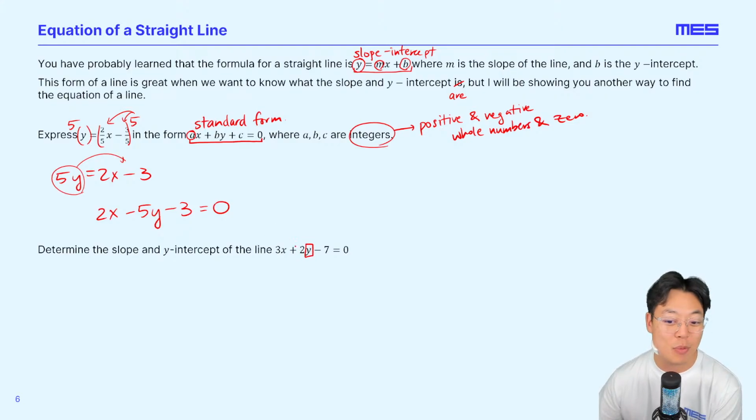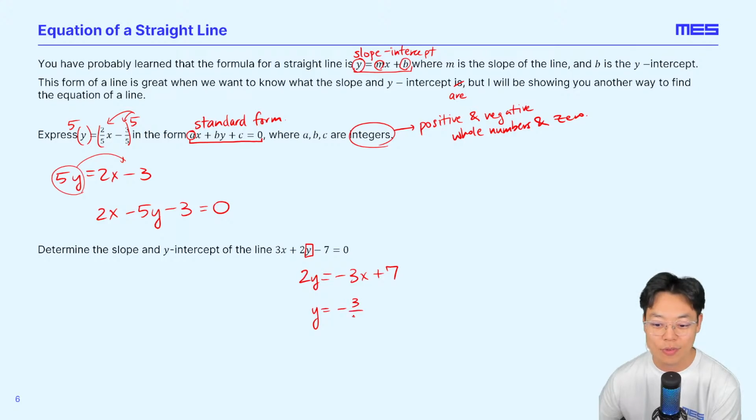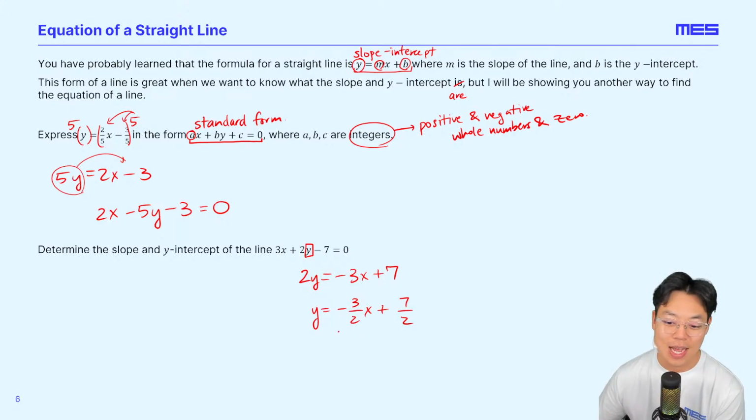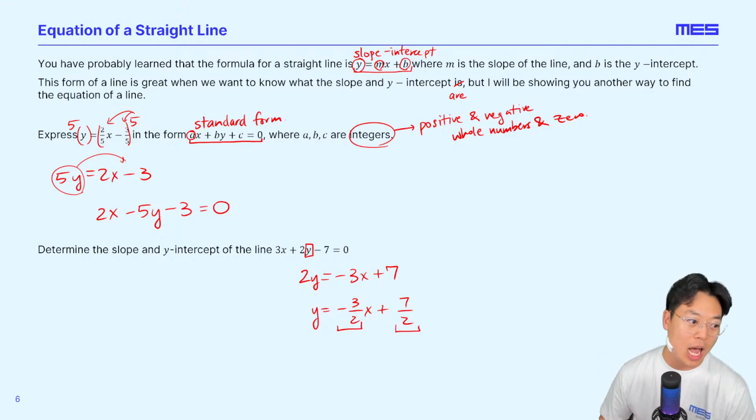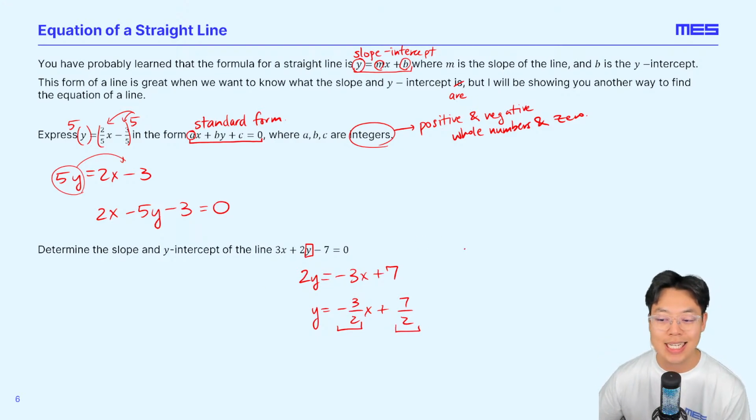So in order to do that, I'm going to move everything else to the other side. 2y will equal negative 3x plus 7. And I'm going to divide everything by 2 to get negative 3 halves x plus 7 over 2. And that is how I found my slope and y-intercept. Another common misconception is that some students might say the slope is negative 3 halves x. This would be incorrect.